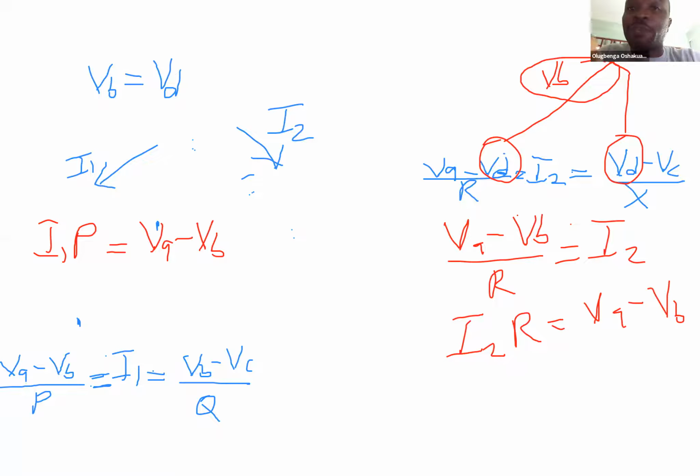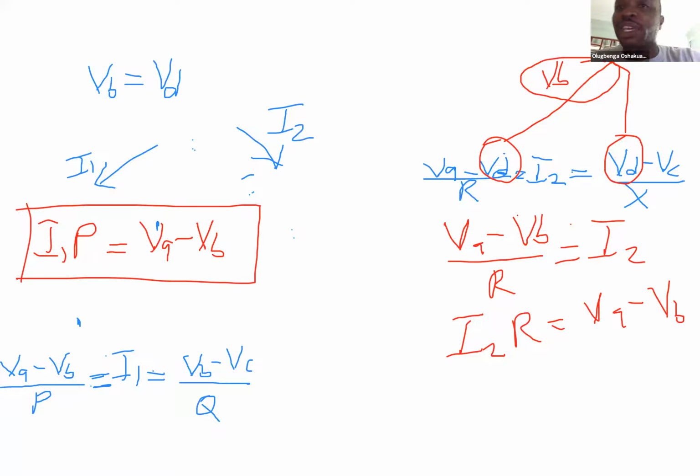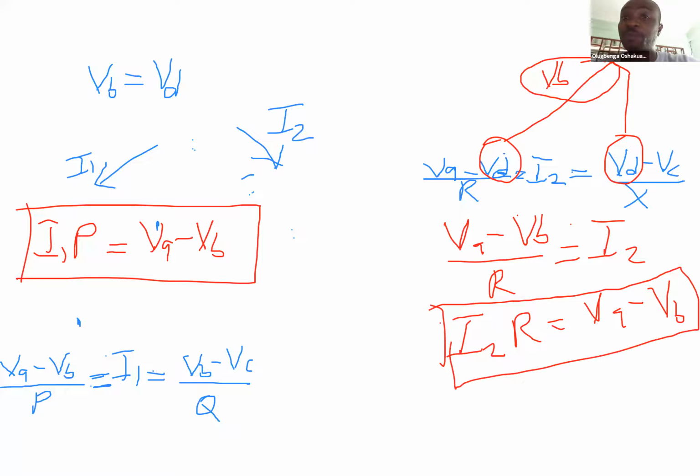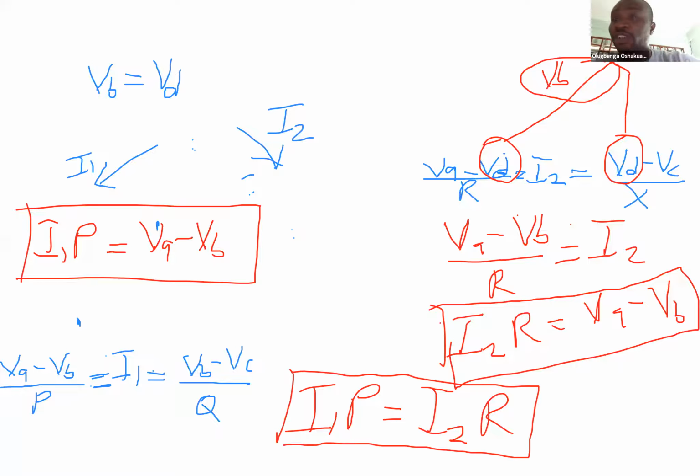Since I1P is equal to VA minus VB and I2R is equal to VA minus VB, then we can say that I1P is equal to I2R. So this is one expression we should put in our minds.